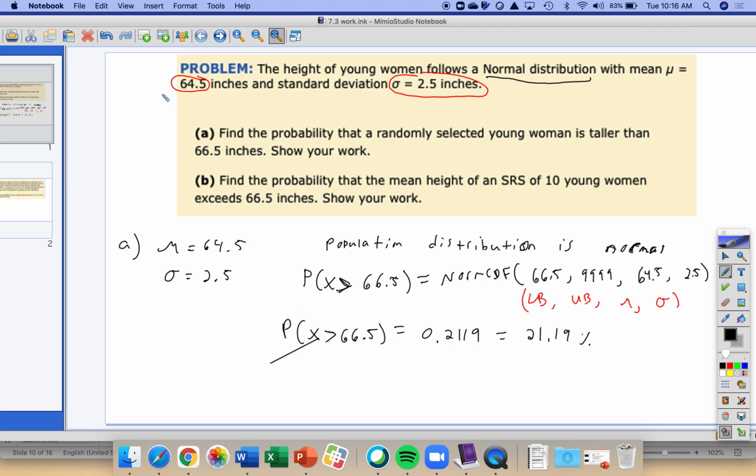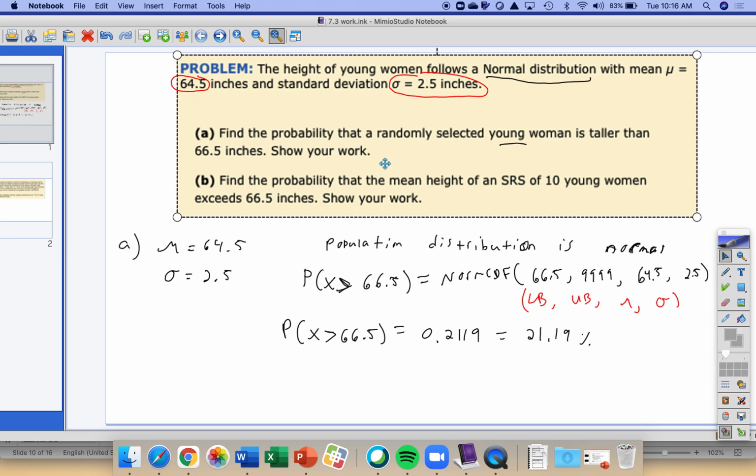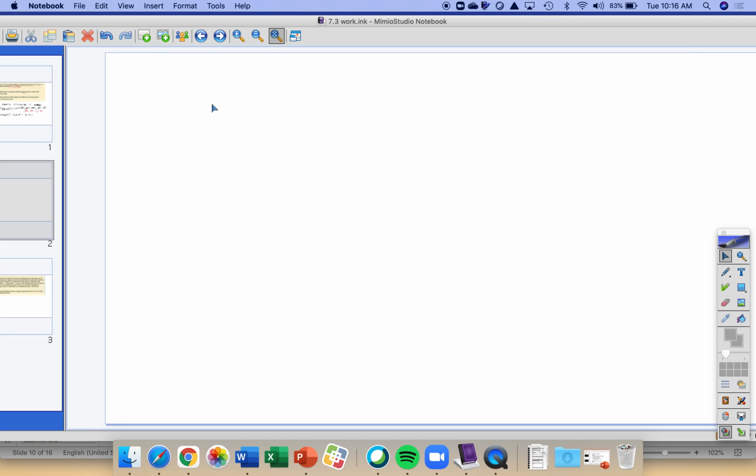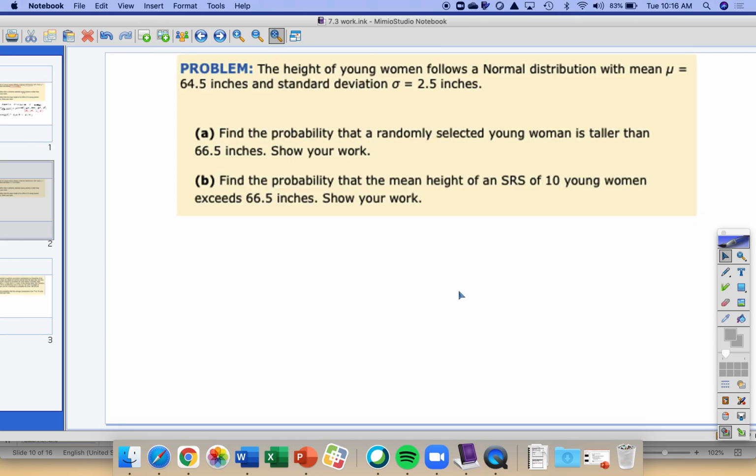Okay, this is a chapter 2 problem. I'm taking a single girl from the population. Now, let's look at part B. Part B says, find the probability that the mean height of a simple random sample of 10 young women exceeds 66.5 inches.